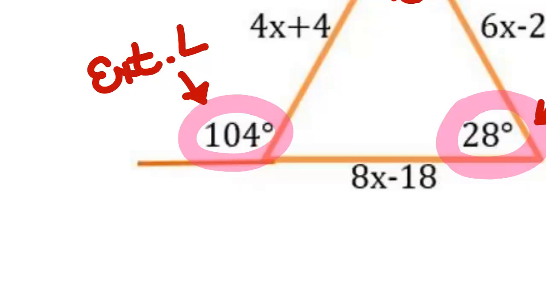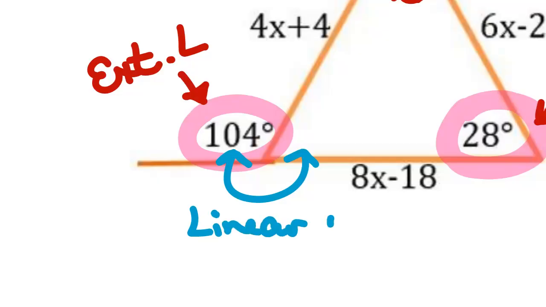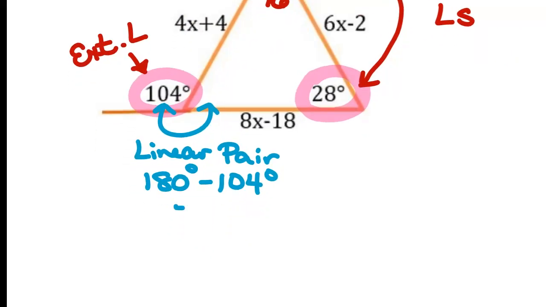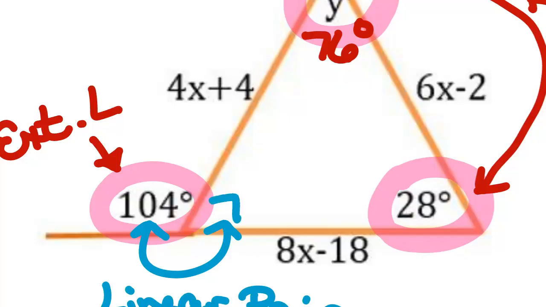Let's go ahead and do that. These two angles right here are a linear pair. So I do 180 minus 104. What is 180 minus 104? 76. So this angle right here is 76 degrees.